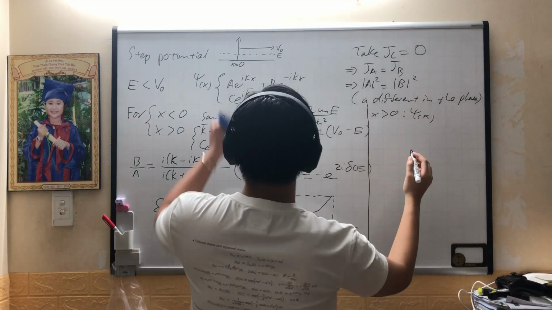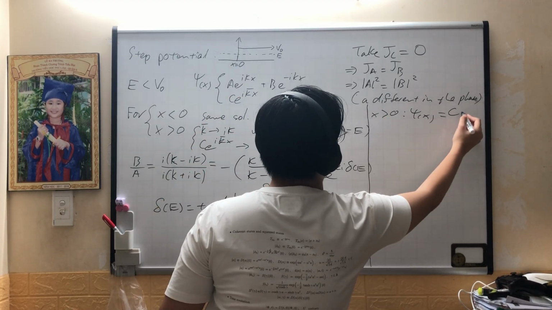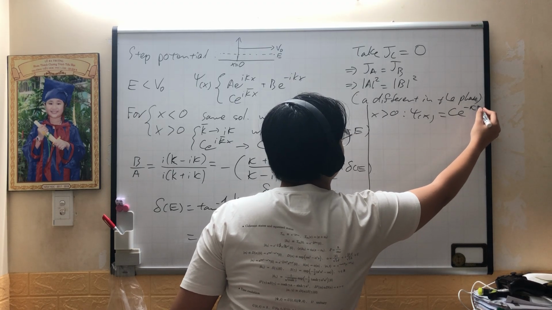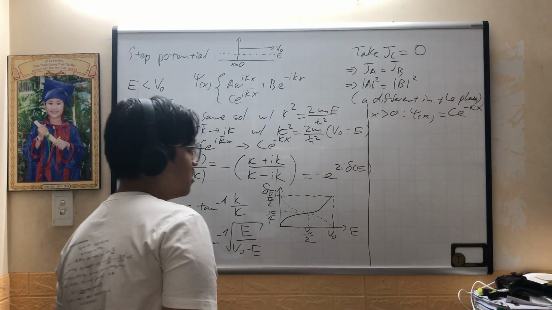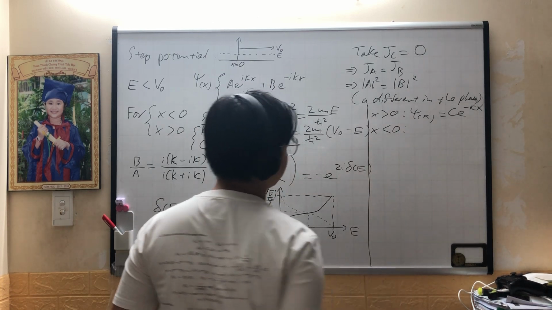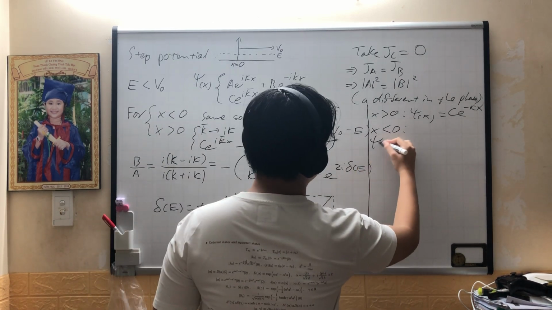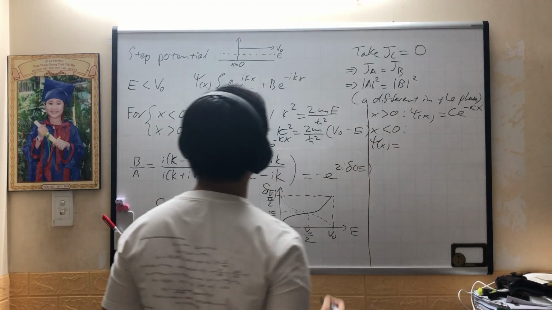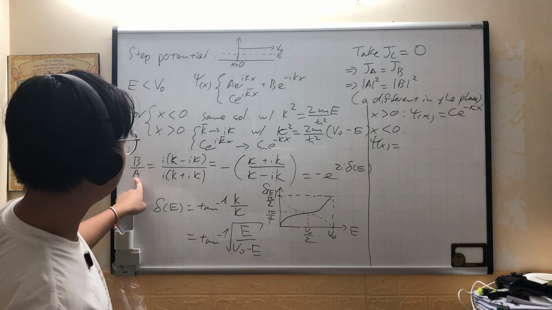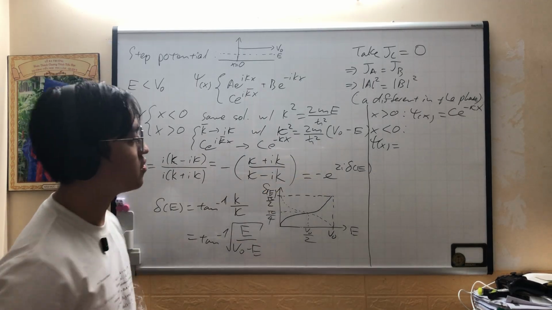When x is in the classically forbidden zone, it would just be C e to the I kappa x. Right, now we're going to take a look at the left side. Our wave function now, you would get it from here. So that is your phase.